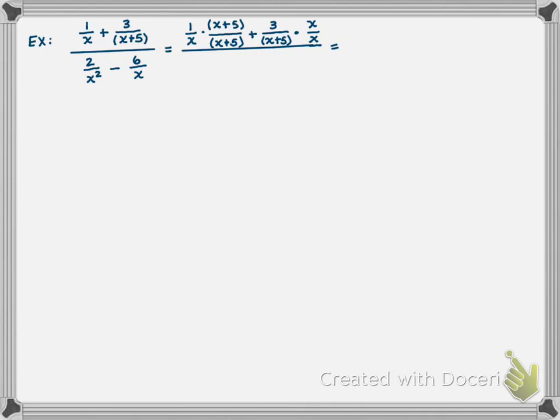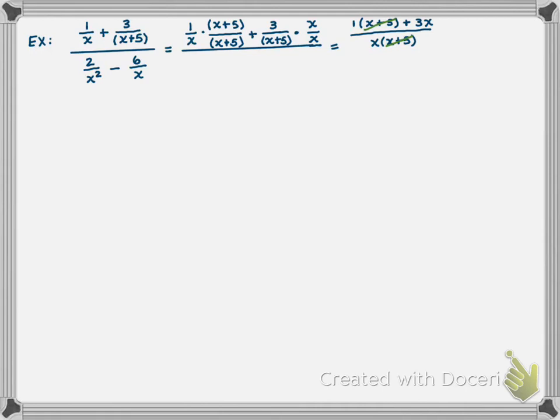So we have 1 times x plus 5 plus 3 times x over x times x plus 5. And it can be tempting here to cancel this x plus 5.